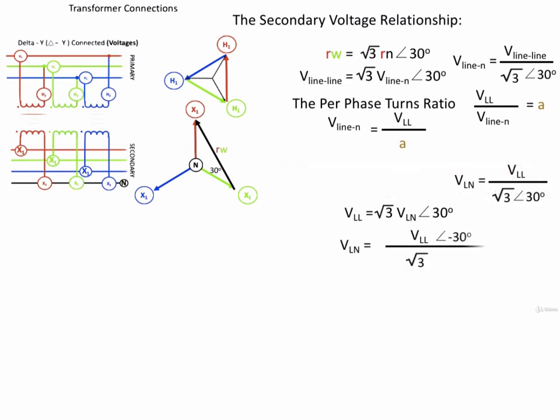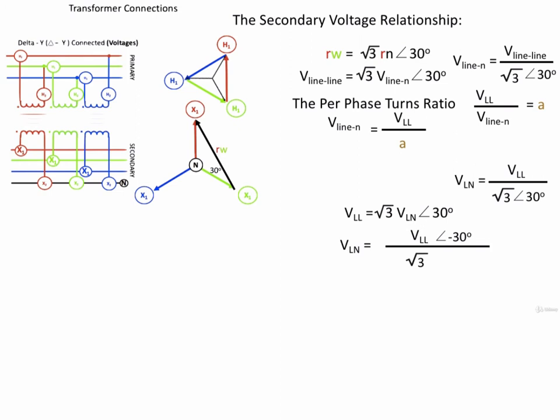So we can do that, as I said, by having a hypothetical neutral, and we can come up with the equation that the line to neutral voltage on the primary is equal to the line to line voltage at minus 30 degrees all over root 3.